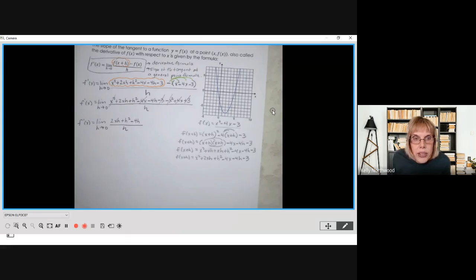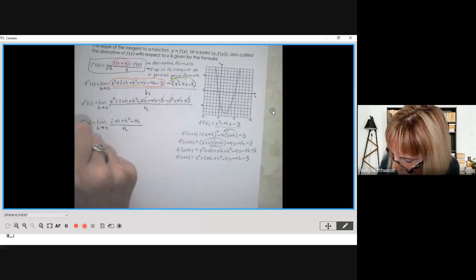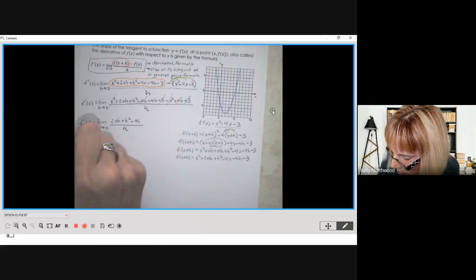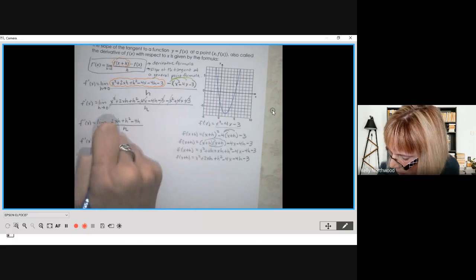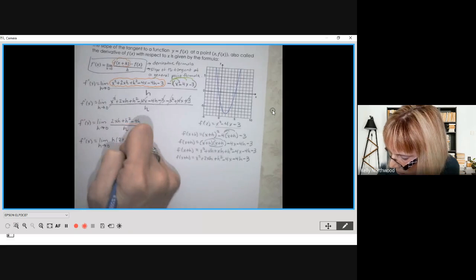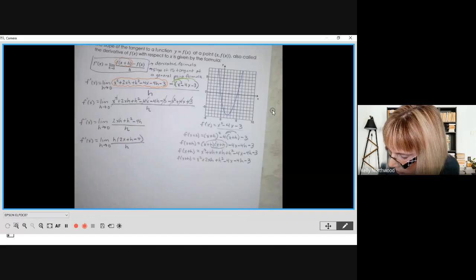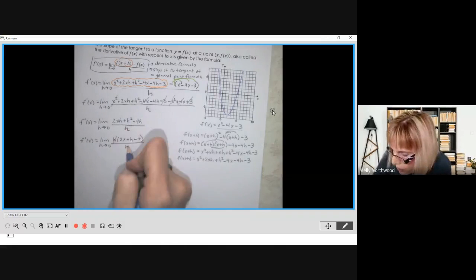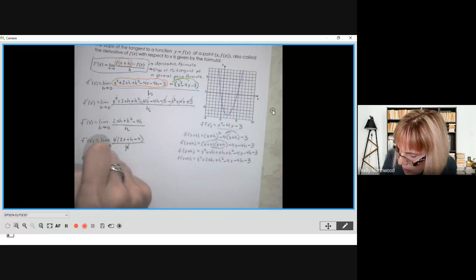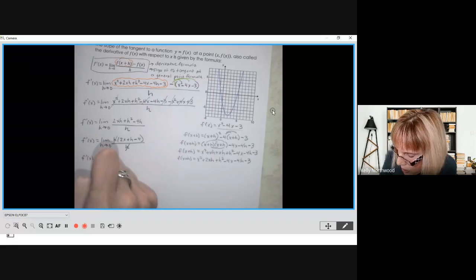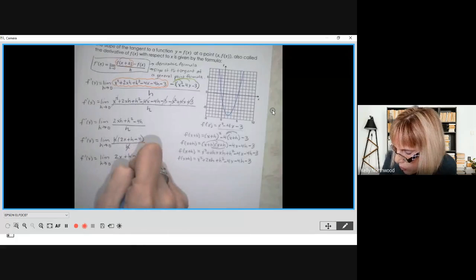So now I can common factor that h out of the numerator. Divide out the h, so I'm left with f prime at x equals the limit as h approaches 0 of 2x plus h minus 4.